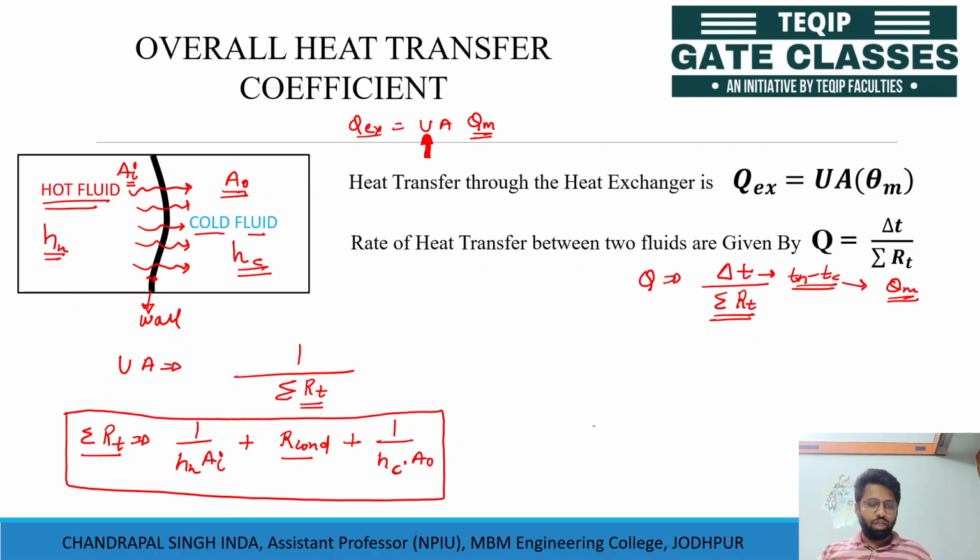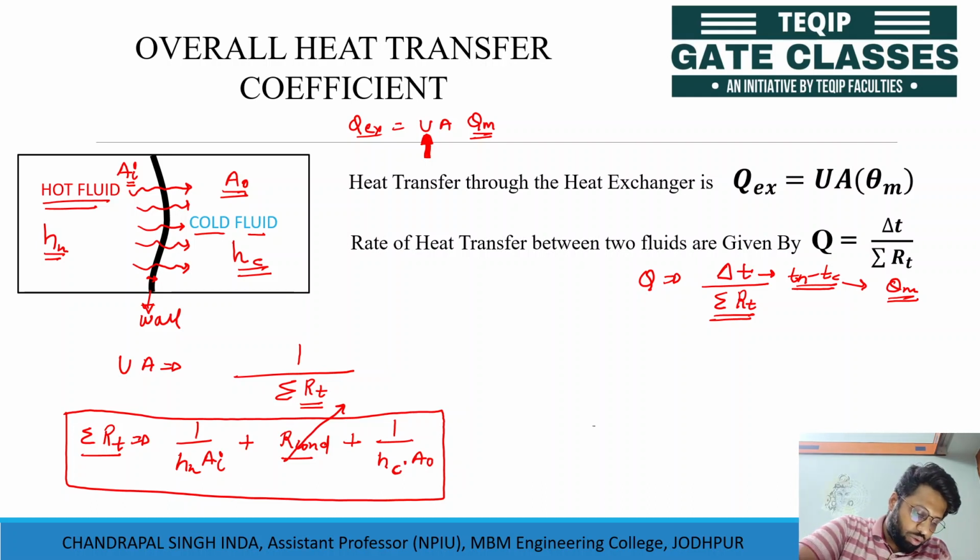So here our aim is to maximize the rate of heat transfer through the heat exchanger, so that maximum heat can be transferred from the hot fluid to the cold fluid. Therefore it is required to minimize the value of R conduction. So our aim is to reduce or eliminate the value of R conduction.